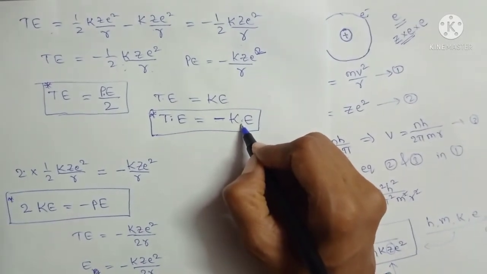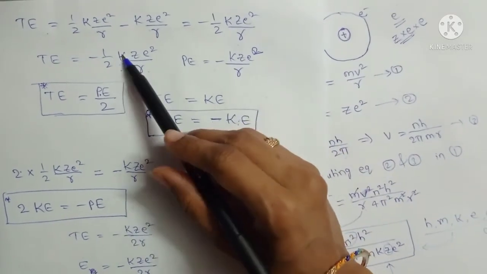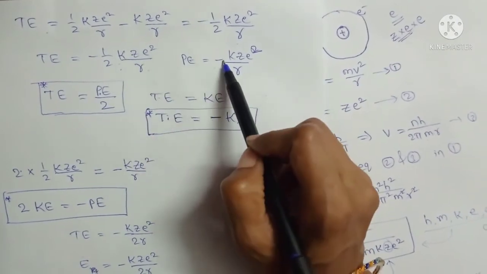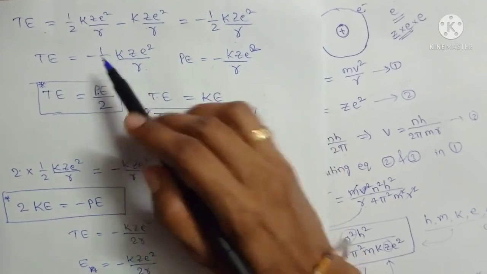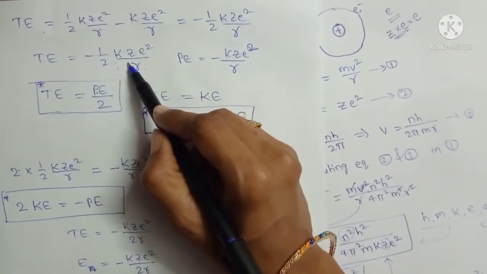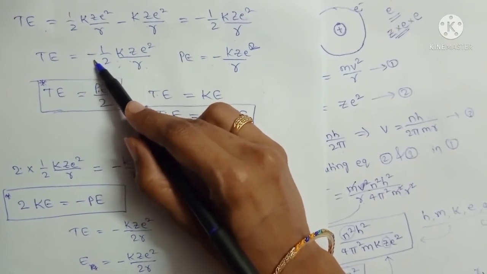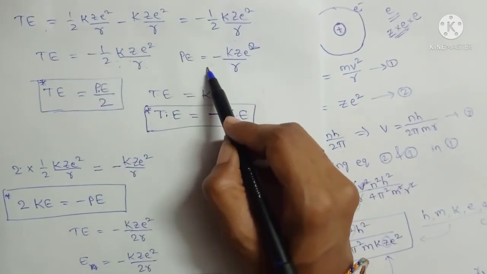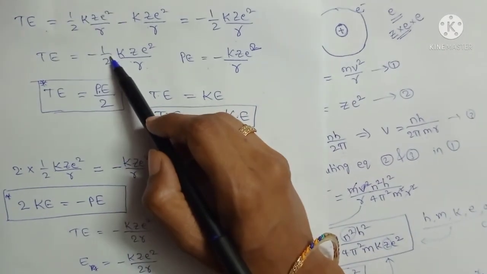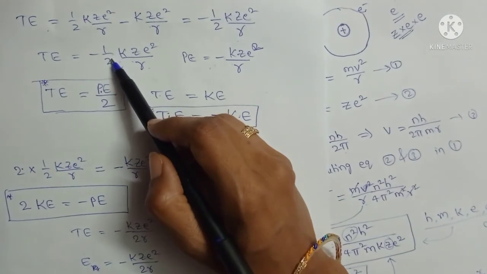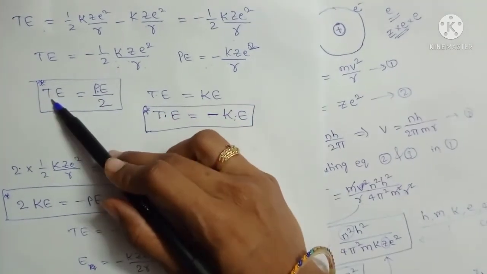And what is the relationship between potential energy and total energy? This is the total energy and this is the potential energy. If you multiply this equation by 2, we will get the potential energy equation. That means 2 into total energy equals potential energy, or potential energy by 2 equals total energy.